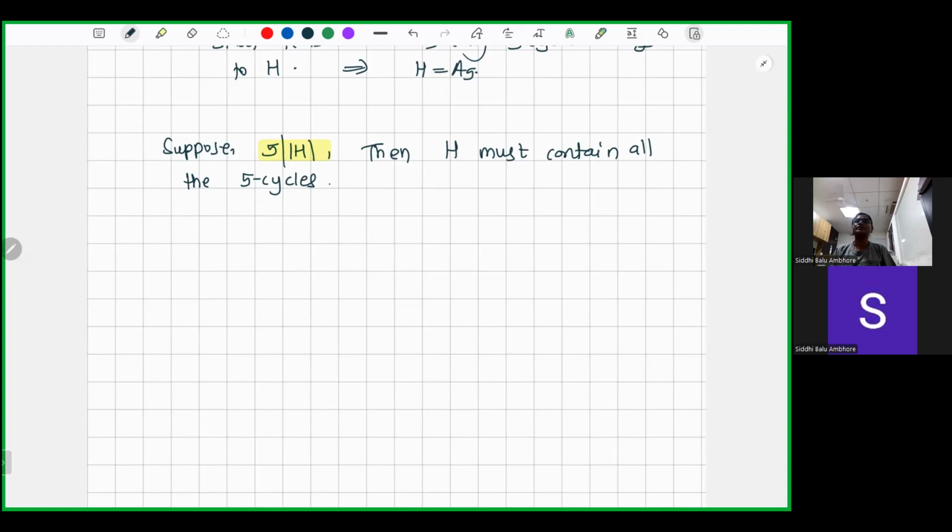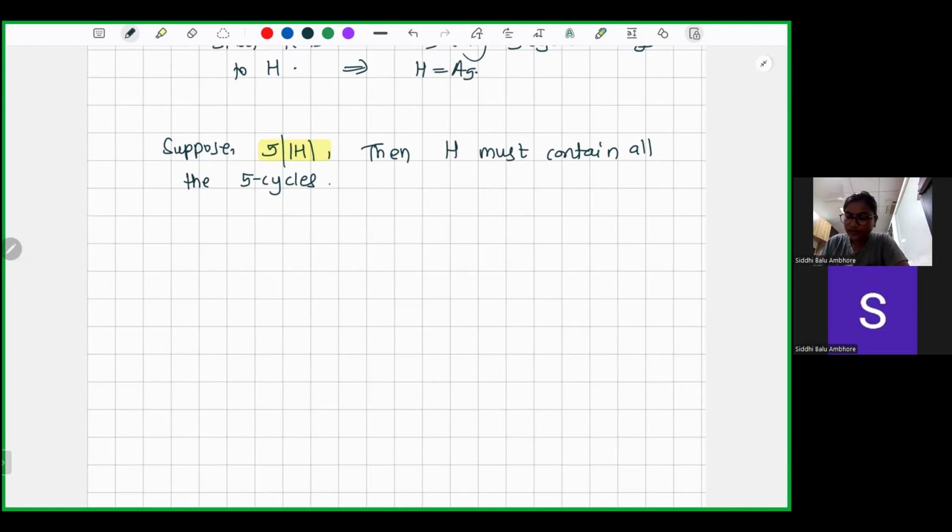Because 5 divides H. Again, we are assuming that H is a normal subgroup. 5 divides H, so a 5 cycle belongs to H. And then all 5 cycles must belong to H, using again the normality of H. So what we are doing is 5 divides order of H. Then a 5 cycle will belong to H, at least one, using Cauchy's theorem. And then since H is normal subgroup, every 5 cycle will belong to H.